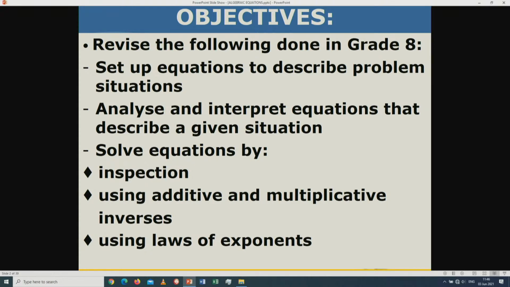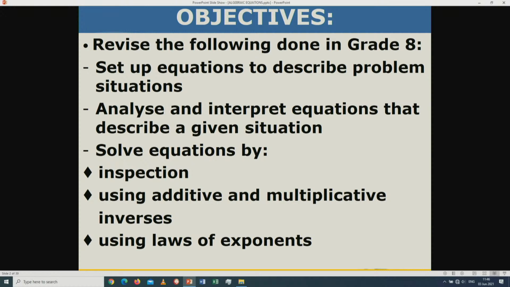These are the objectives. One, for grade 8, learners must be able to set up the equation to describe a problem situation, and for grade 9, it will be a revision.